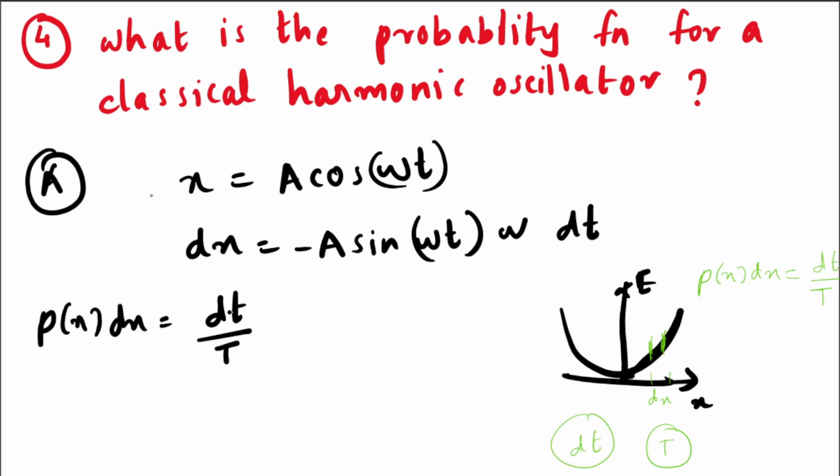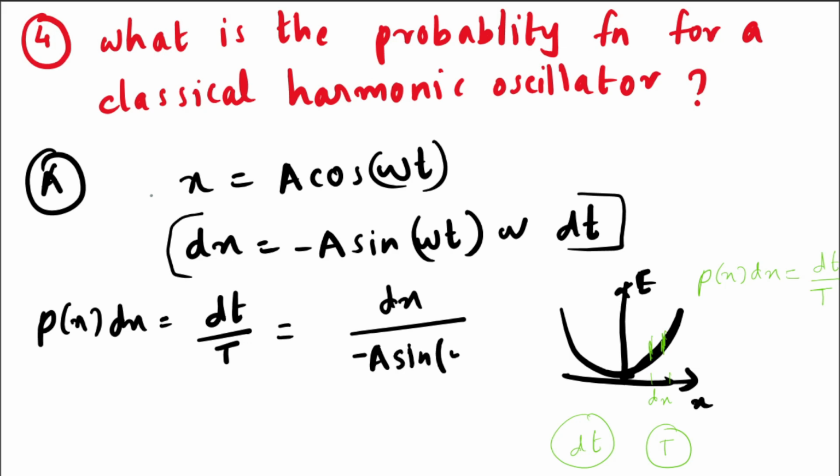Now we can substitute the value of dt from this equation. We can write dt as dx by minus A sine omega t.